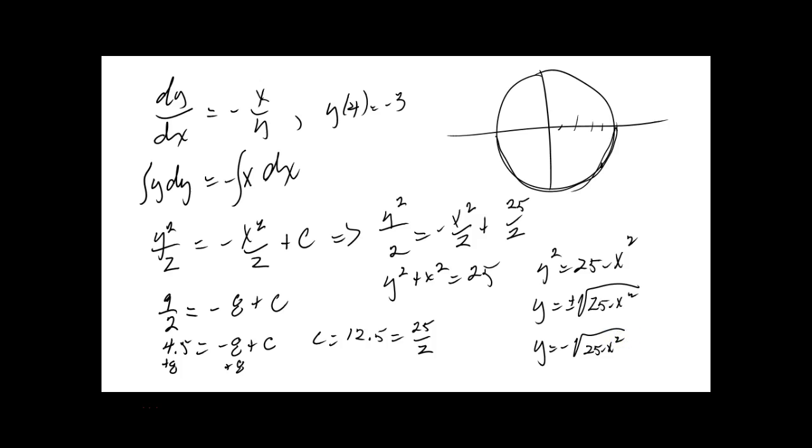Because you plug in a 4 for x, that's 25 minus 16, which is 9. The square root of 9 is 3, and the minus sign makes it minus 3. So that's how you determine the function that you use.